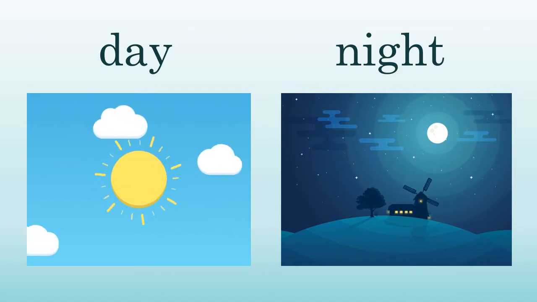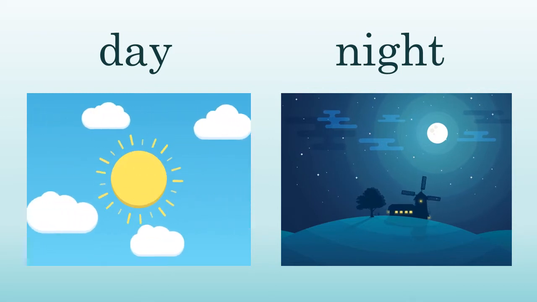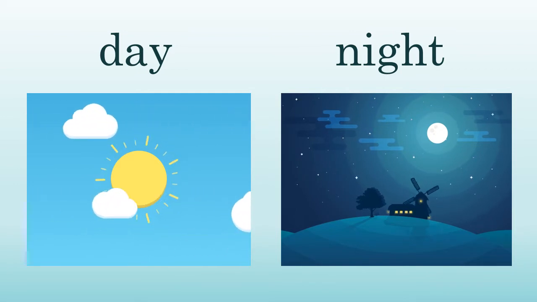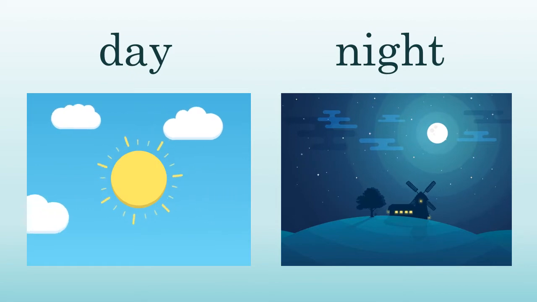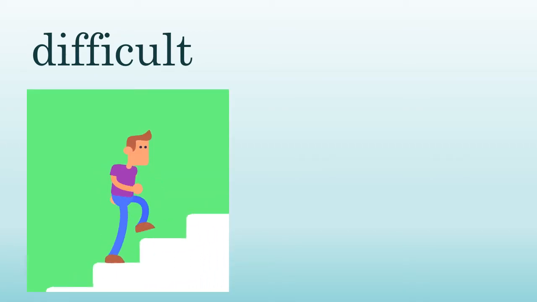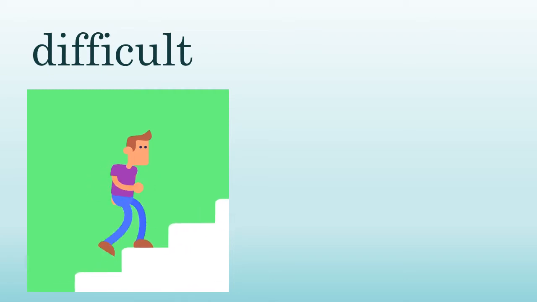Children, you have to remember the other name of opposite is antonyms. It means the same. Now, what is this written? Difficult. Can you see a person climbing the stairs? It is difficult, right?